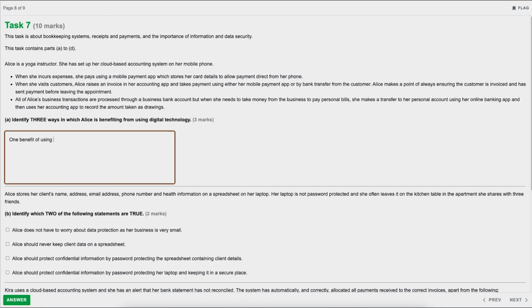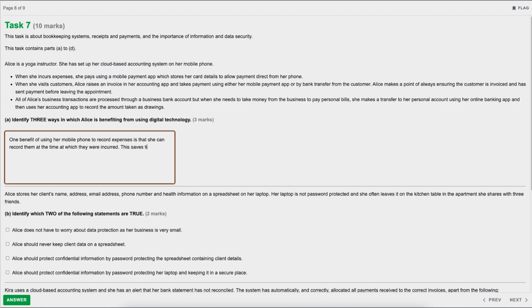benefit of using a mobile phone to record expenses is that she can record them at the time at which they were incurred.